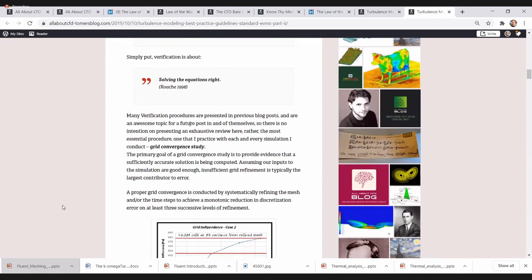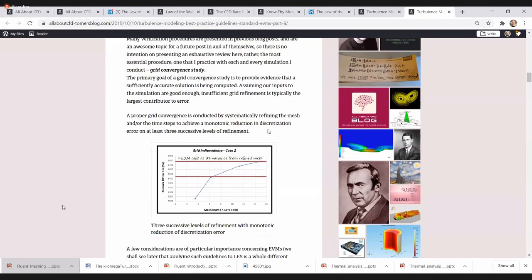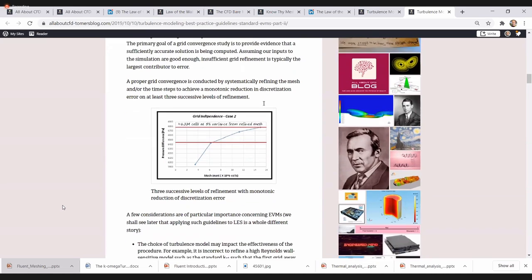The issue of grid convergence, you can see here one that I did for a certain problem. It's simply taking and refining the mesh and getting a kind of band.